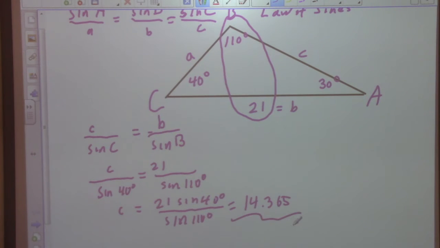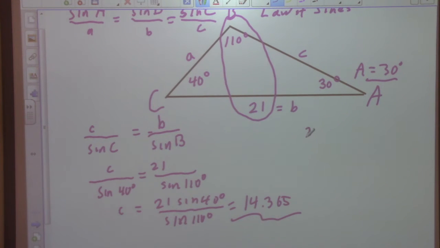So that's going to be one of our answers, and we already have this answer here, that angle A is equal to 30 degrees. That's another answer. And the last one we have: we know what C is over here. What do we need to know yet? A, right?